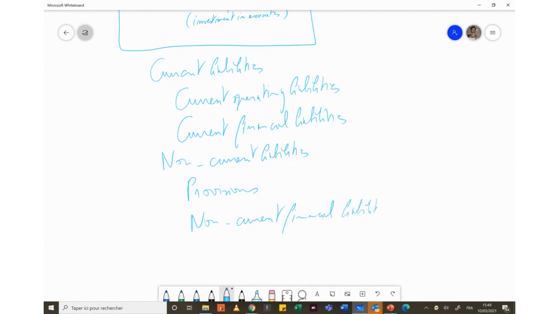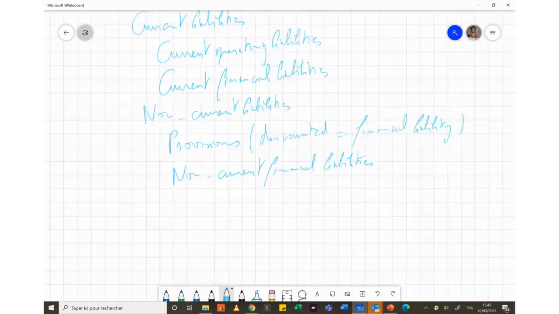The provisions under Vietnamese GAAP or IFRS are discounted. So don't forget here, they are discounted. Because they are discounted, we consider it like a financial liability. And after we have the equity.